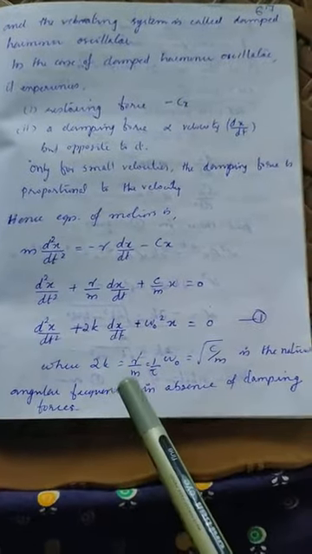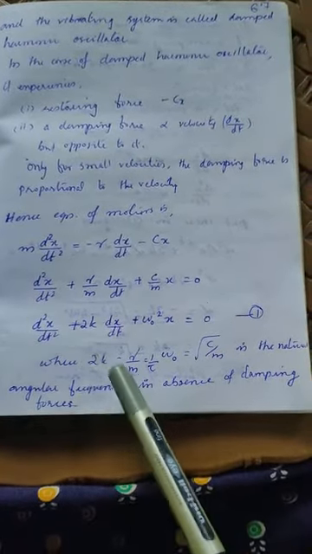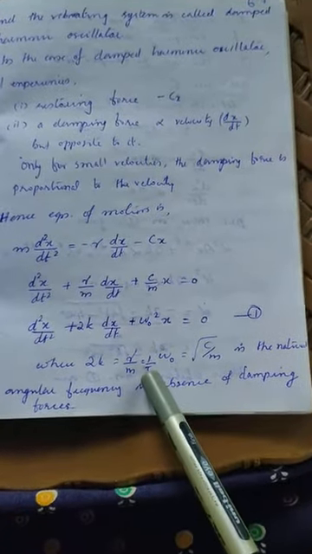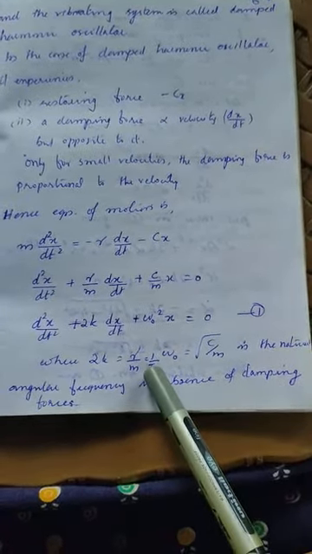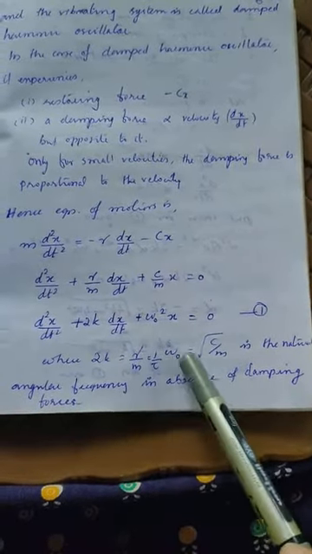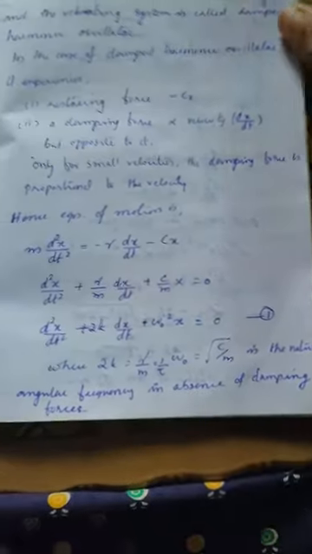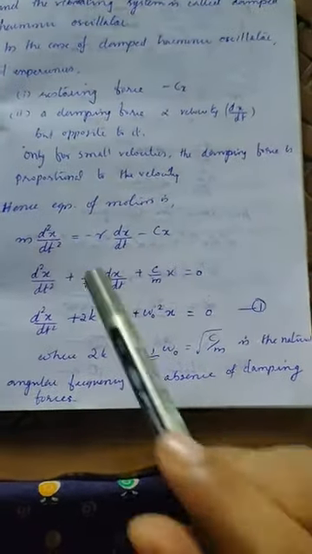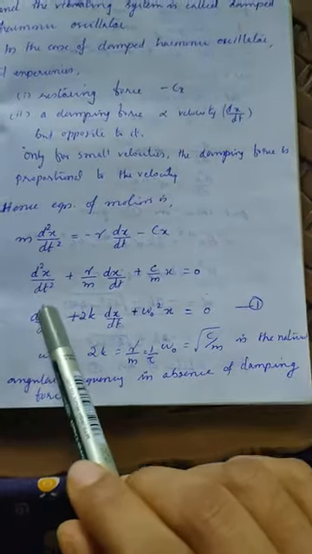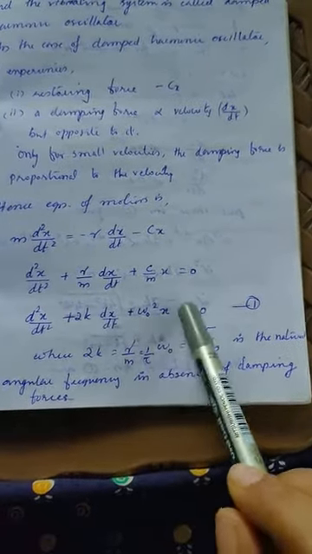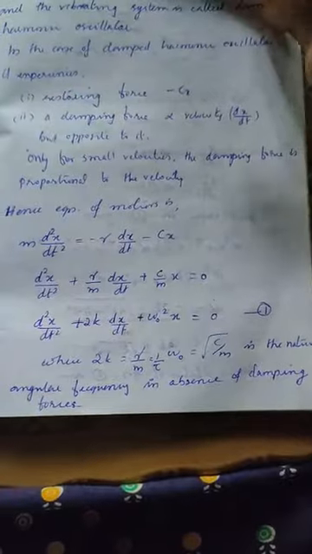And if we substitute 2k equal to gamma by m, which is again 1 by tau, where tau we can call the relaxation time, and omega 0 equal to square root of c by m, this equation will become d square x by dt square plus 2k dx by dt plus omega 0 square x equal to 0.